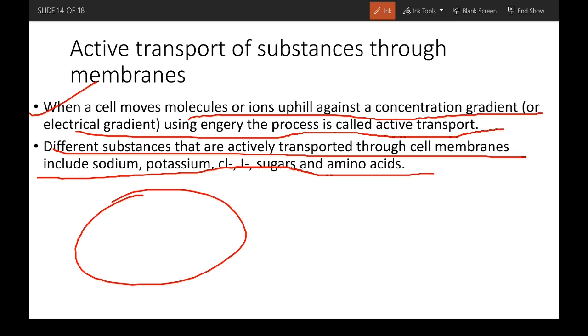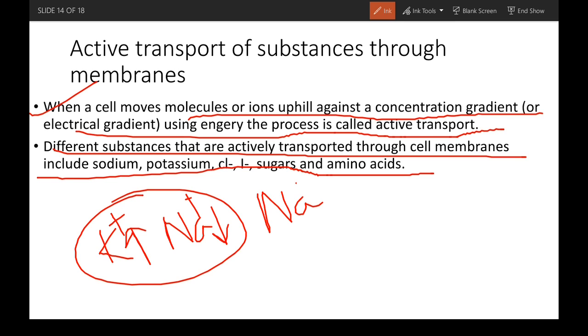The potassium ion is high inside every cell and sodium ion is low, while outside sodium ion is high and potassium ion is low.